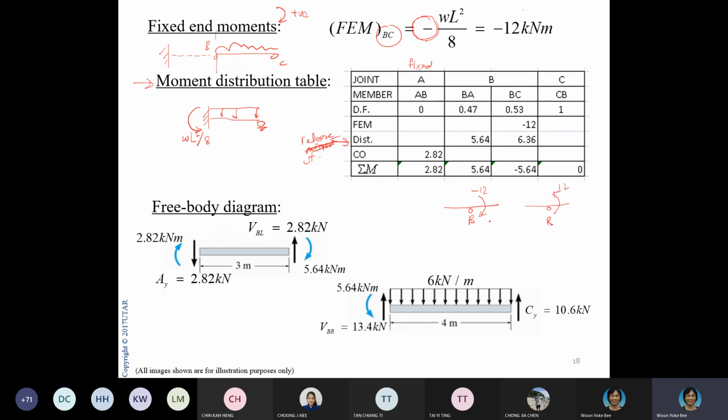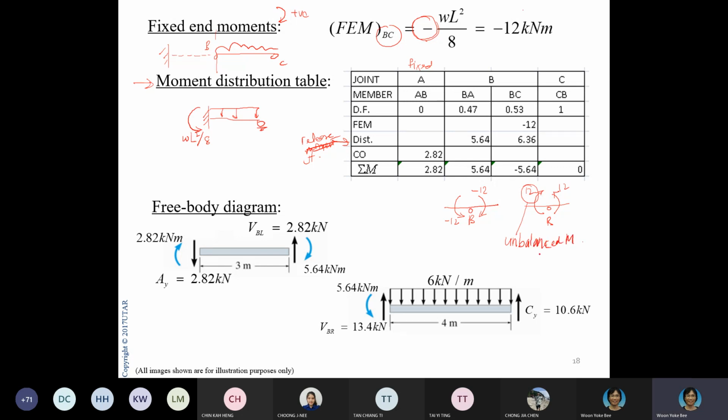So the minute you release B, you should get an equal and opposite moment. Here I will put equal and opposite, 12. That's why sometimes I prefer to get rid of the negative. It's easier. So this is your unbalanced moment.